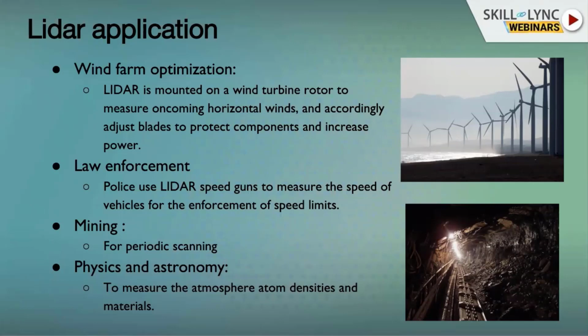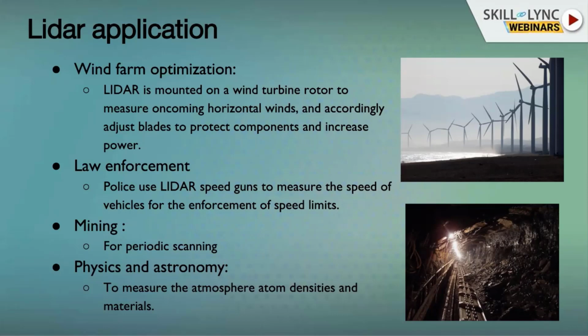There are different kinds of lidar, like flash lidar, normal lidar or solid state lidar. It can even detect what the wind flow is and which direction it is, because the laser pulse can hit the air particles and come back and give information about the air particles and how dense they are. Accordingly, the wind turbines can optimize their blades and direction also. So in that sector, it's helpful.